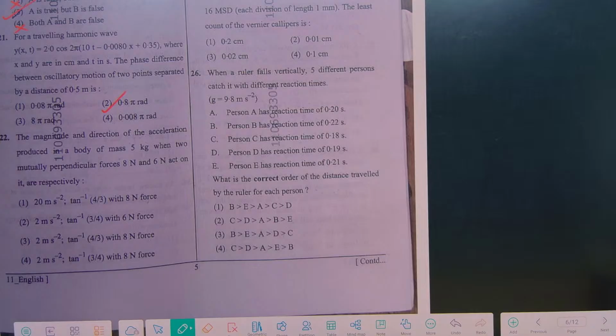What are the magnitude and direction of the acceleration produced in a body of mass 5 kg when two mutually perpendicular forces, 8 Newton and 6 Newton, act respectively?